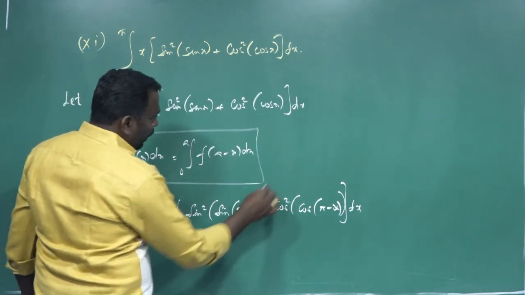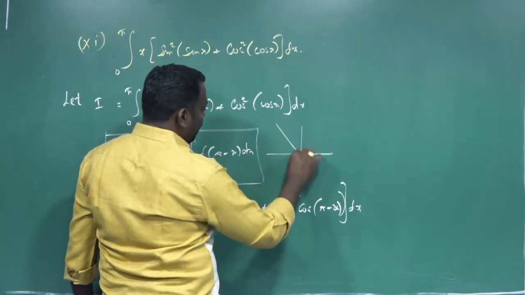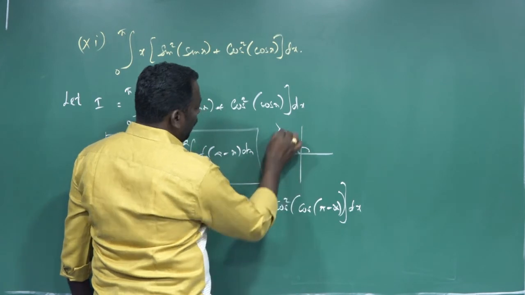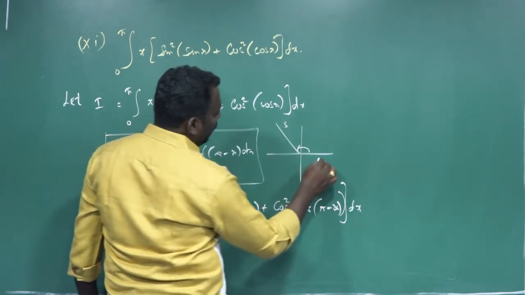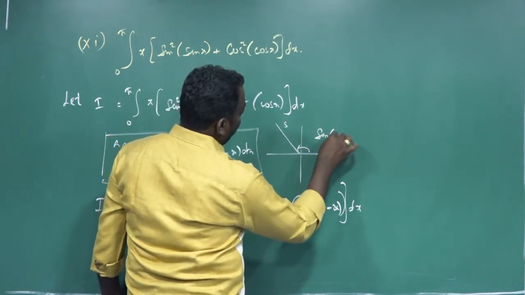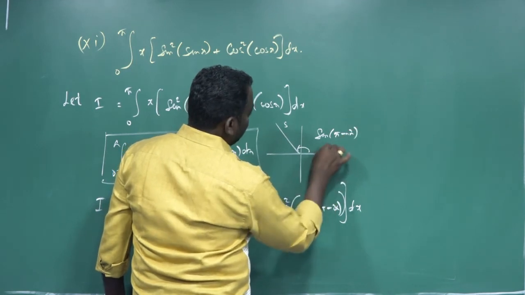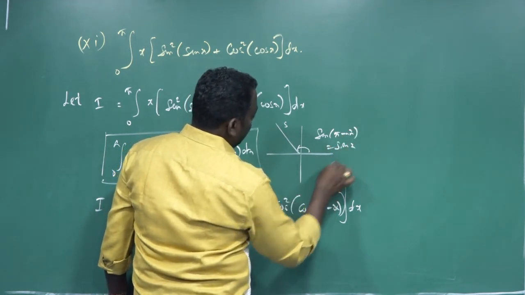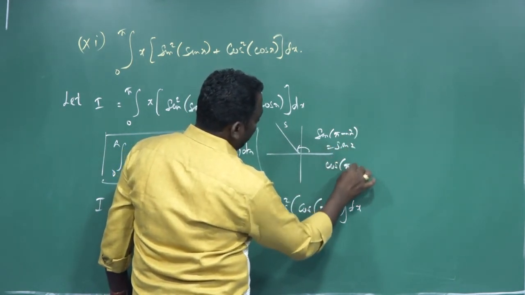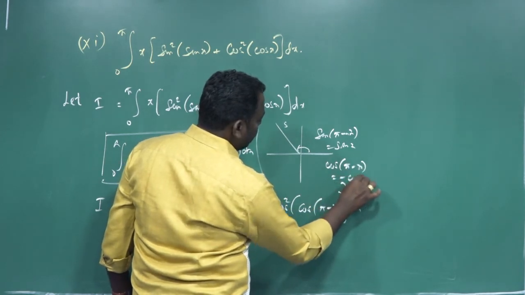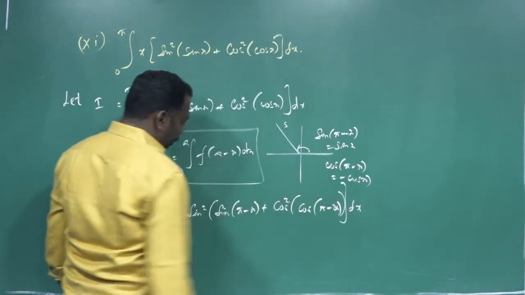Now applying the property: the argument pi minus x is in the second quadrant and sin is positive. Therefore we know sin of pi minus x is equal to sin x, and cos of pi minus x is equal to minus cos x. Already we discussed this several times.